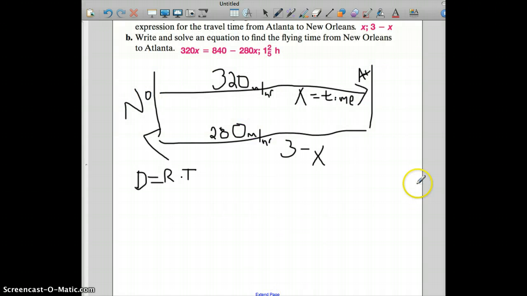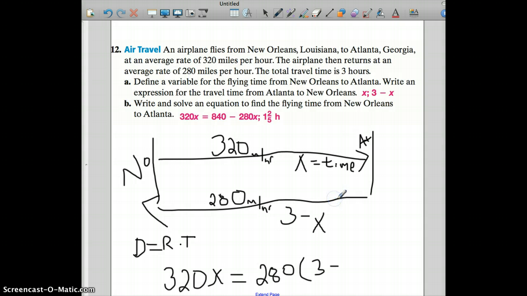So therefore we can just multiply our rate of 320 miles per hour times our time of x, and that should equal, because again, we're going to the same place and back, 280 times the quantity 3 minus x. We can then distribute.